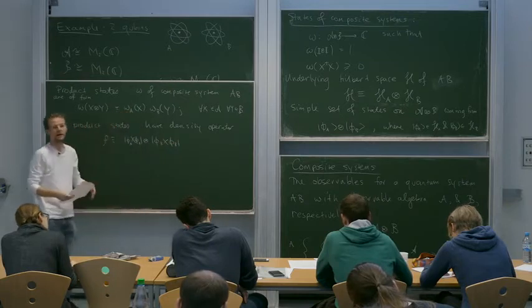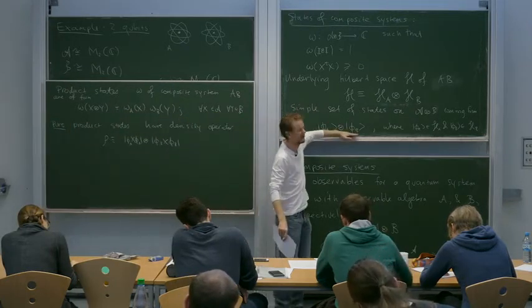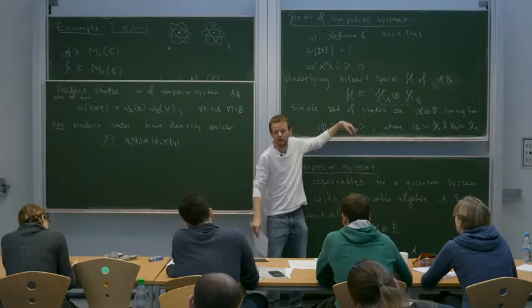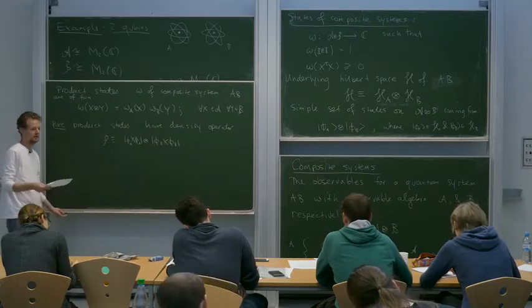All right, so if you have a pure product state, then it's identified with one of these vector states here, and the way you identify them is really just take the tensor product of the density operators.